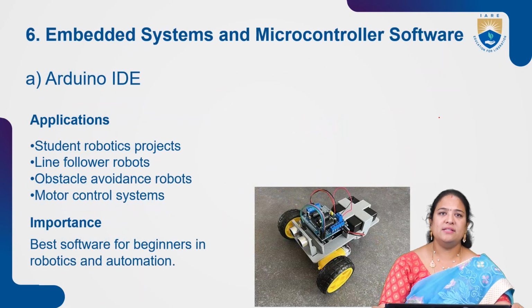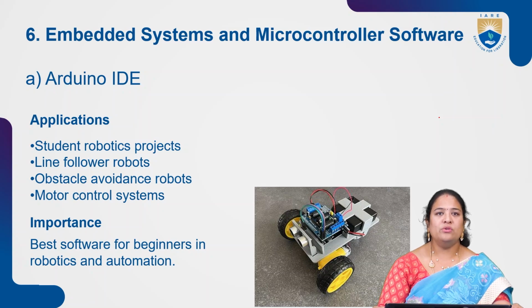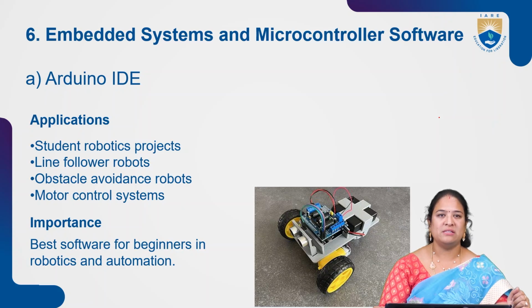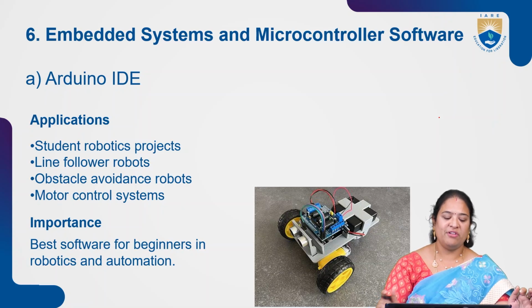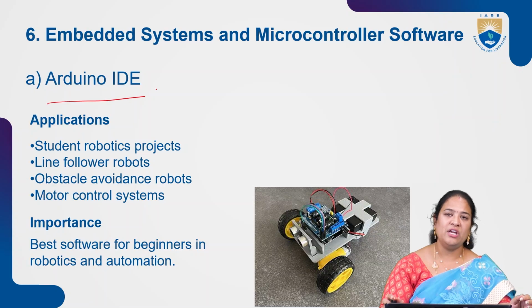The sixth one is the embedded system and microcontroller software. When we use the Arduino IDE, generally these will be used for small projects like student robot projects, line follower robots, obstacle avoidance robots, or for motor control systems.